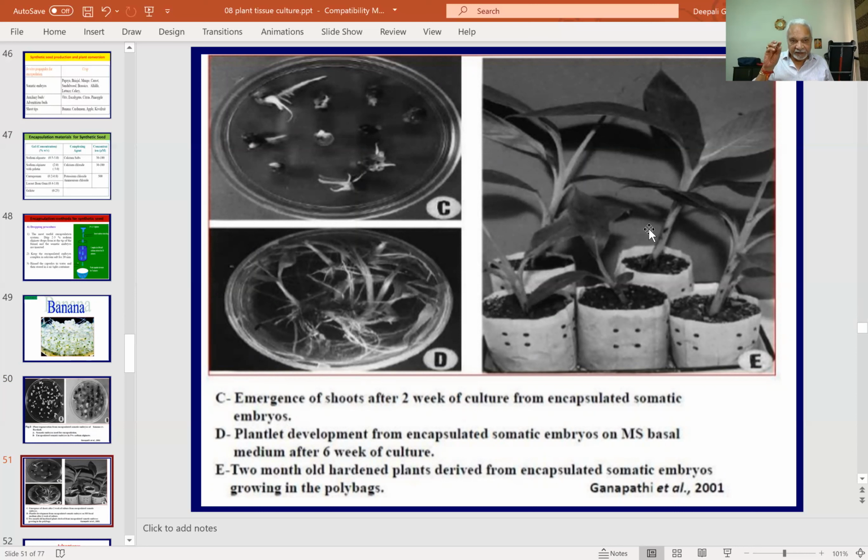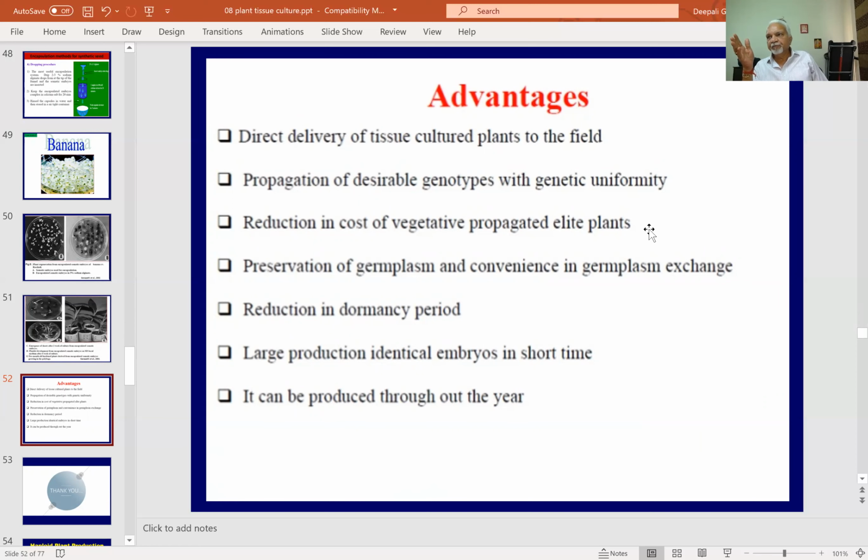Synthetic seed is an extension of micropropagation, wherein these embryos can be stored for a long period of time. So, to conclude, what is the advantage of this? We can directly take the tissue culture derived seed material to the field. It's like any other seed material.